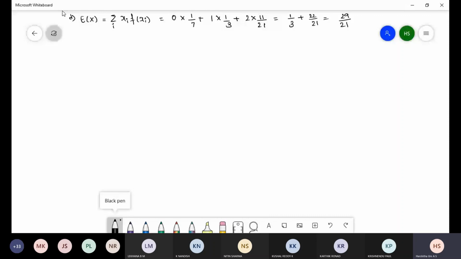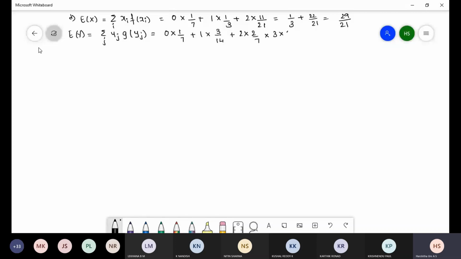Next, E of y. Sum of yj into g of yj. This we have to refer the marginal distribution of y. So first value of y is 0 into g of y1 is 1 by 7. Next, plus 1 into 3 divided by 14 plus 2 into 2 by 7 plus 3 into 5 by 14.